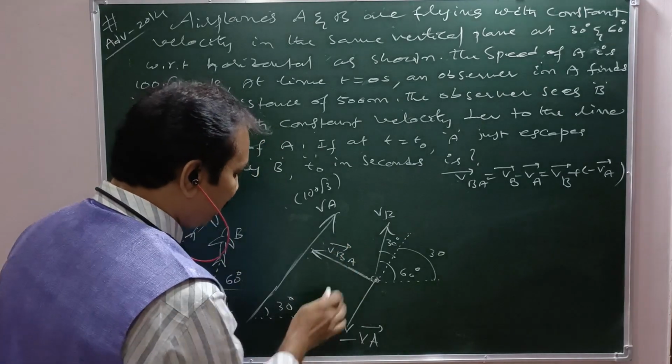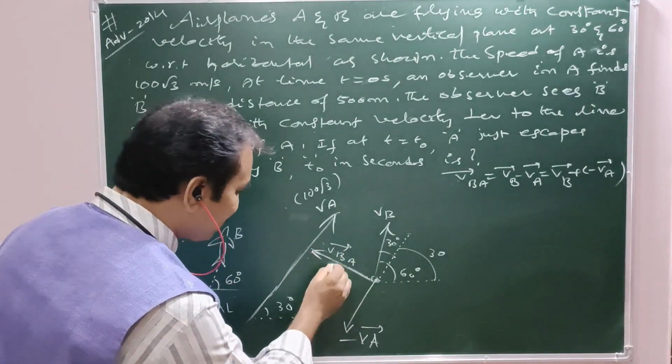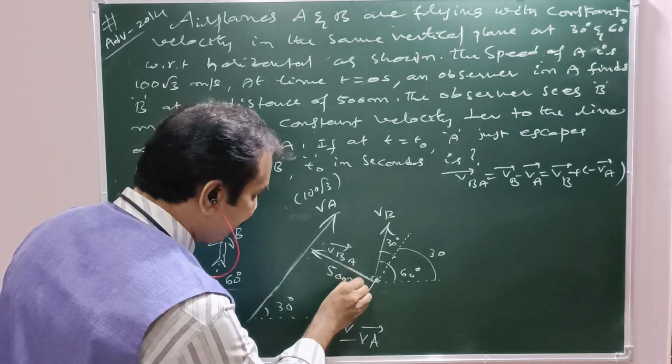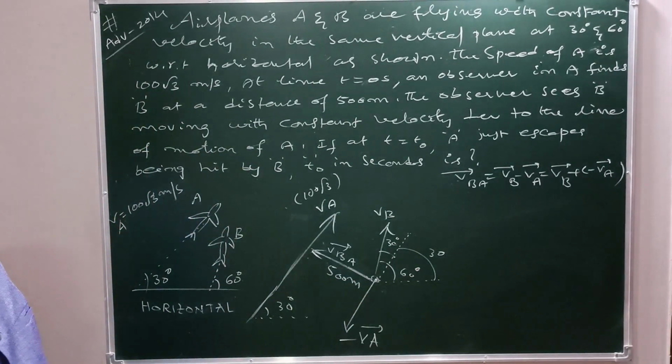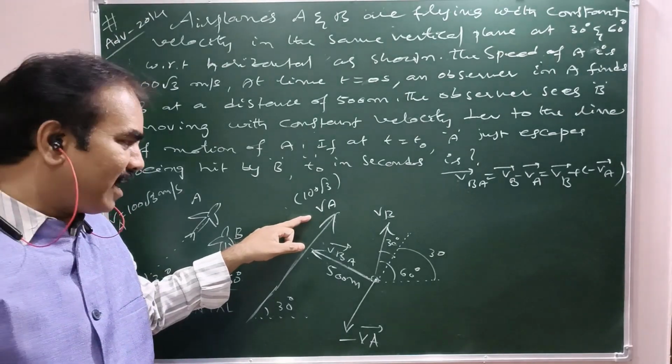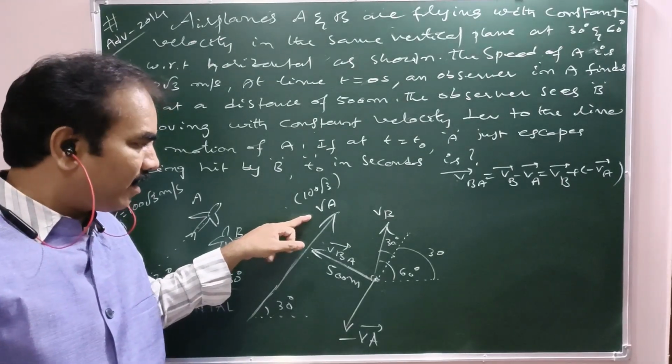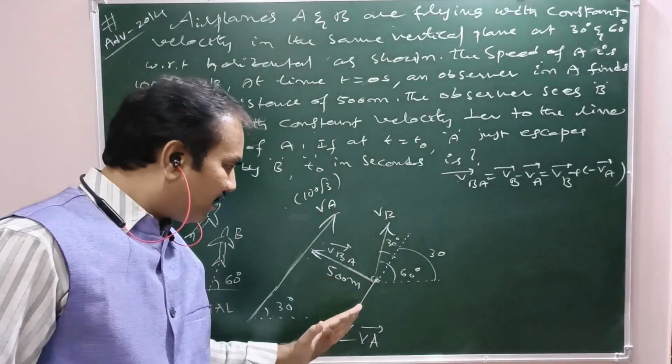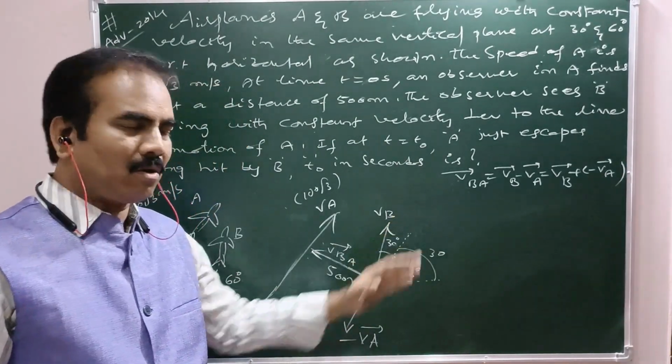VBA bar. Now the distance between these two is 500 meters. Now with respect to the person in plane A, the relative separation along this way is 0. Why?